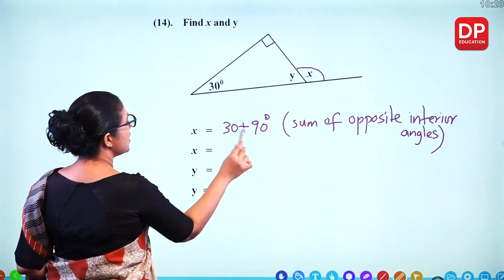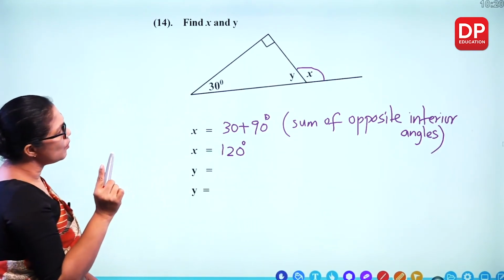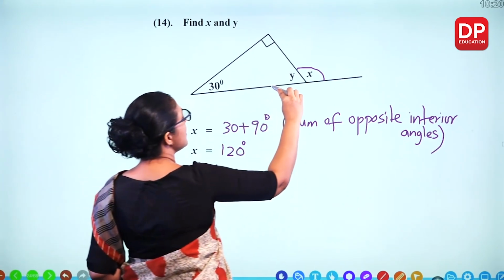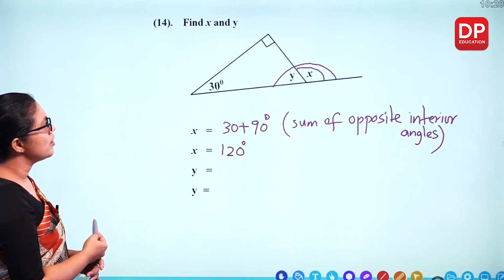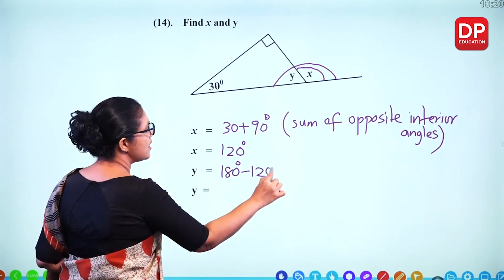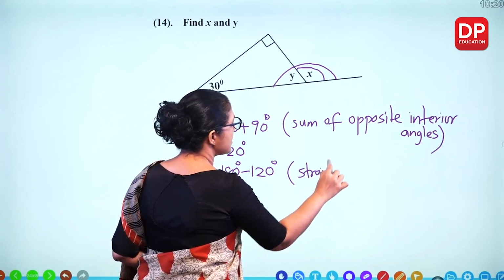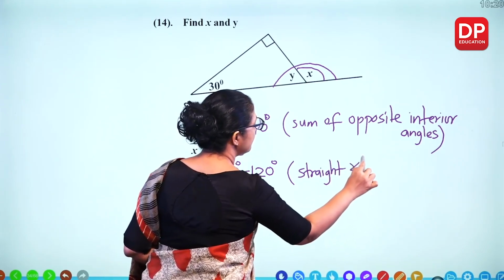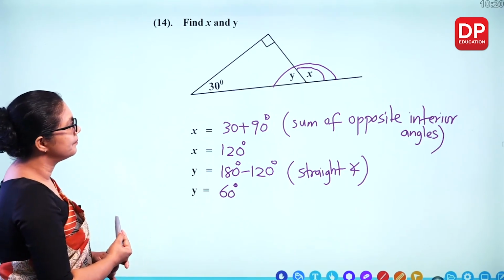So 30 plus 90, 120. What's y? This is a straight angle. So you can use 180 minus 120 is y because of straight angle. So what's the value? 60 degrees.